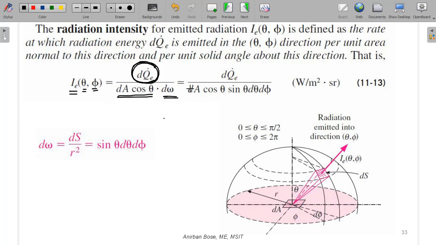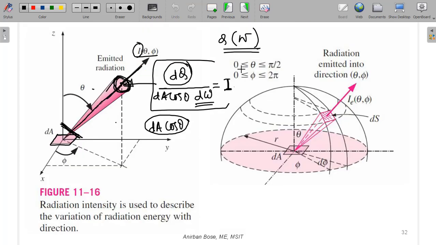Now if you put the value of d omega, we have already defined d omega as sine theta d theta d phi, you can get a relation for how much energy will go through that small window. Suppose we want to find out how much energy dq, how many watts, will go through that window.